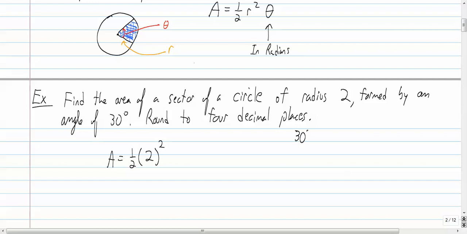So if we take 30 degrees and we convert that over to radians, we need to multiply by pi over 180. So that's going to be 30 pi over 180, or pi over 6. Okay? And so probably want to use a calculator on this.